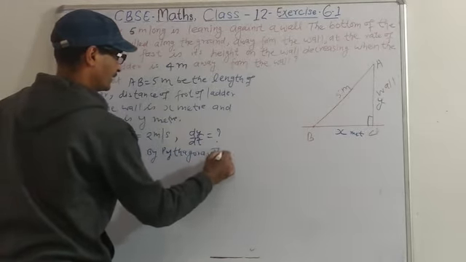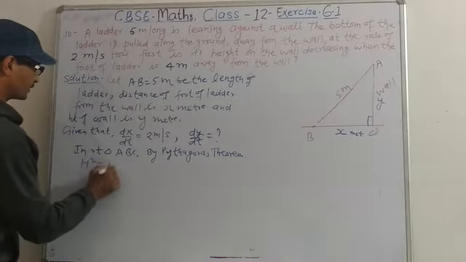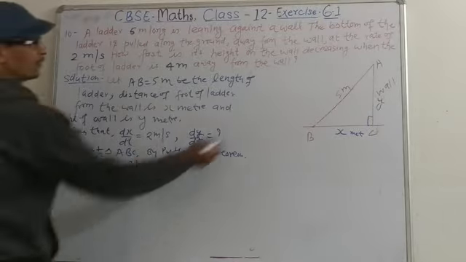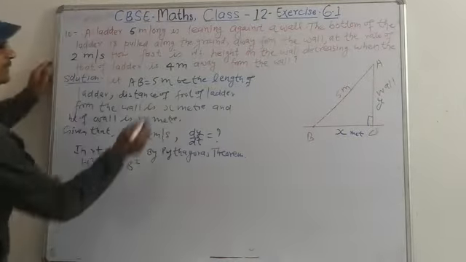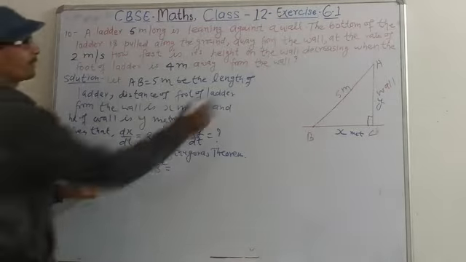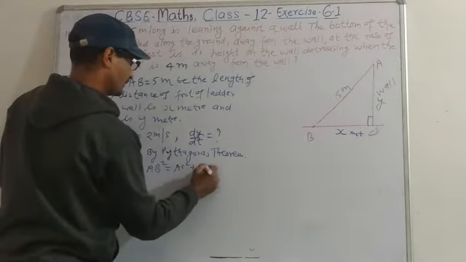जहाँ भी राइट ट्राइंगल आएगा, the formula is hypotenuse square is equal to perpendicular square plus base square. So now hypotenuse is this AB, we can write AB square is equal to perpendicular AC square plus base BC square.